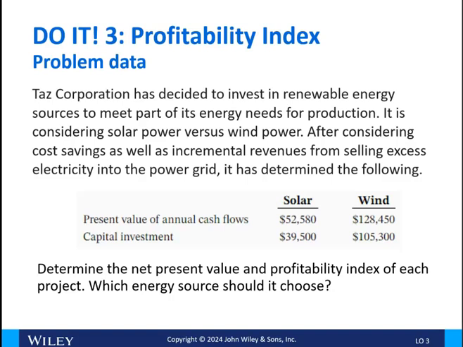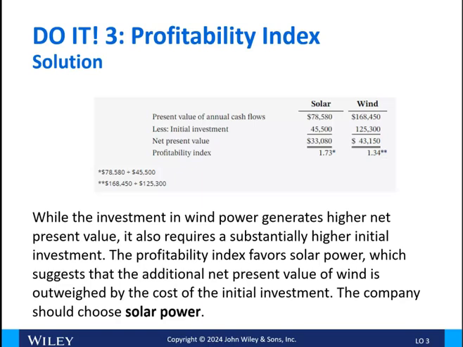Okay, so we're going to take net present value, which is simply the present value of the annual cash flows minus the capital investments. And then we're going to calculate the profitability index, which is the present value of annual cash flows divided by the capital investment.